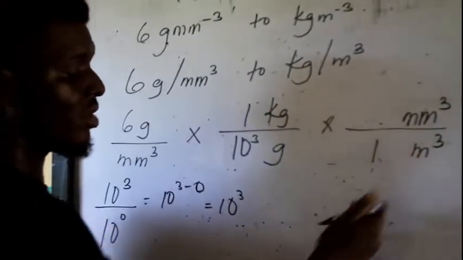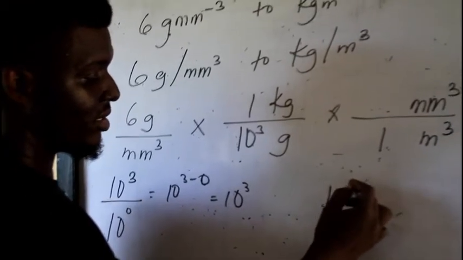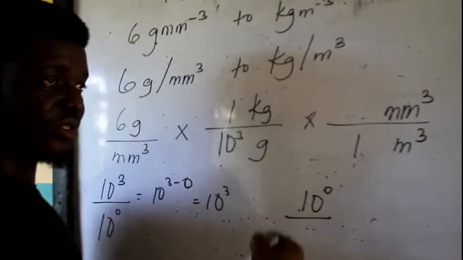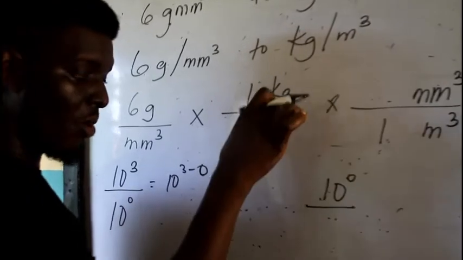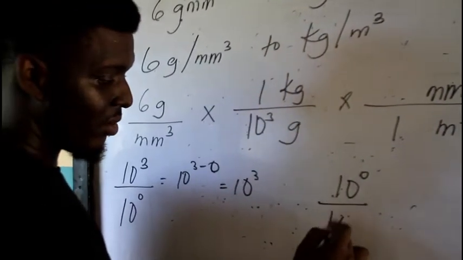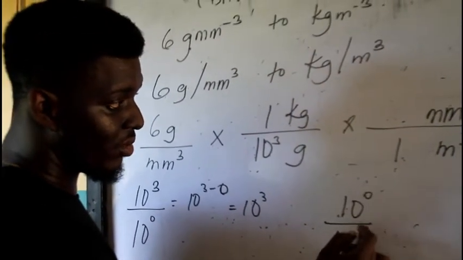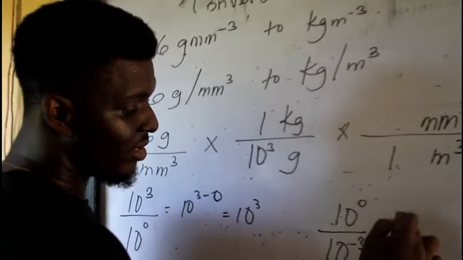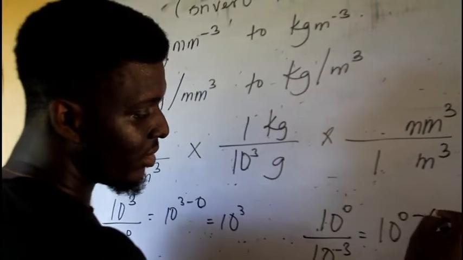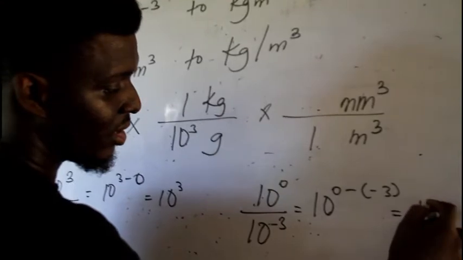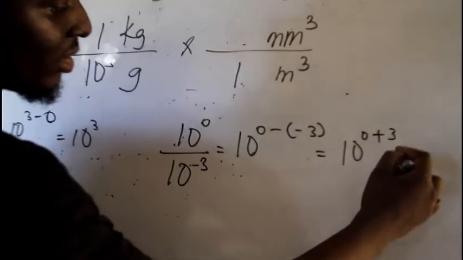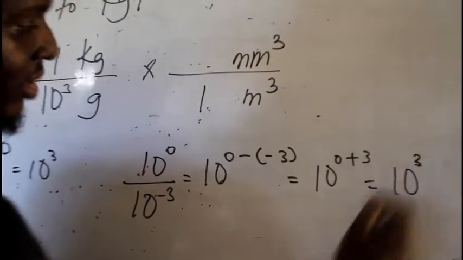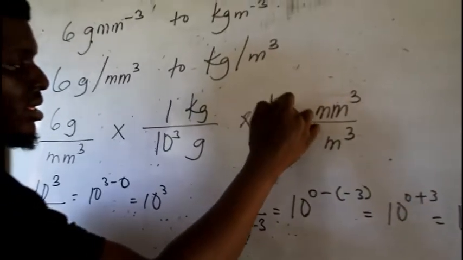So we have this one as 10 raised power 0 over the one that comes from the table, which was 10 raised power minus 3. So you have 10 raised power 0 minus minus 3, which is 10 raised power 0 plus 3. So you have 10 raised power 3, and you put it there.